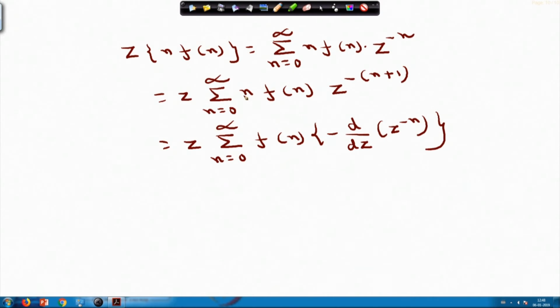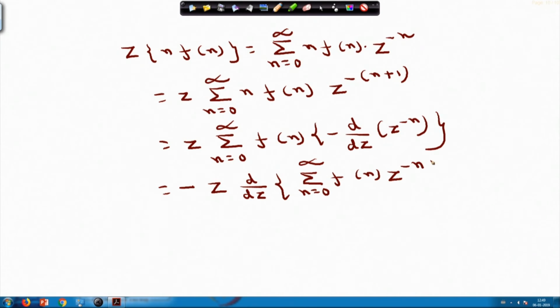If I make it so, then this term will come back to us. So this equals minus z, which can come out, d/dz of summation n equals 0 to infinity f(n) z to the power minus n.